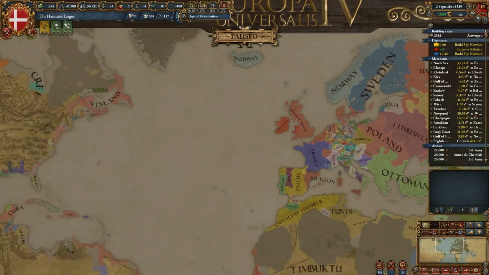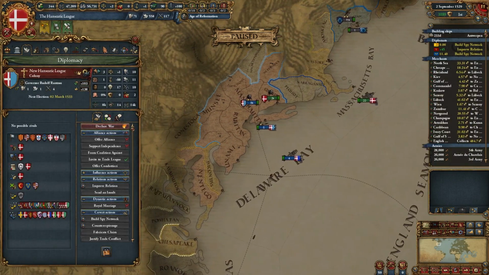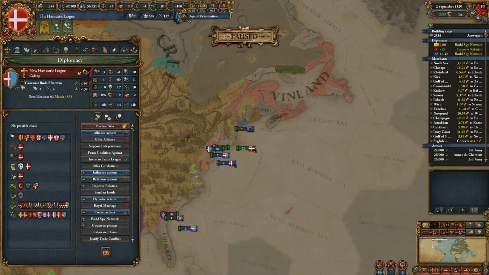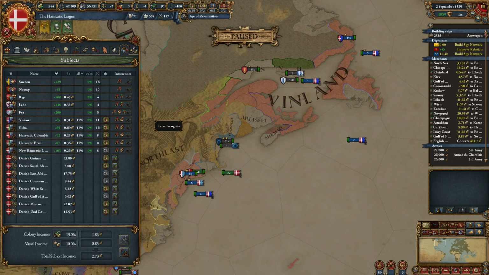So I'm just going to spend it on those colonies, which are actually growing by themselves. They're declaring wars by themselves as they are so strong, especially Vinland and so on. And I'm obviously giving them officers as well for 20% morale and 5% more discipline.